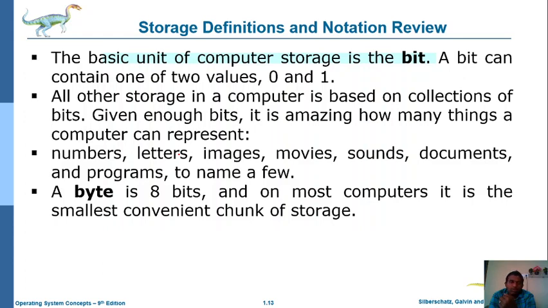That is nothing but the basic unit of computer storage.